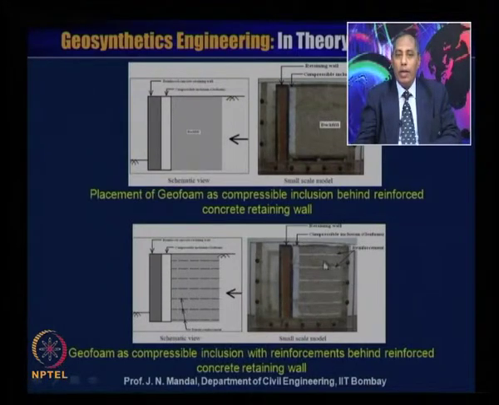This is multi-layer reinforcement. So here the geofoam will act as a compressible inclusion, and the reinforcement will act to resist the tension stress, and then the wall can be much more stable, and the lateral pressure also will reduce.